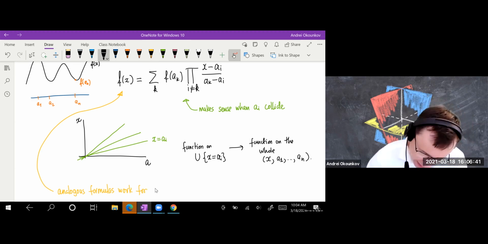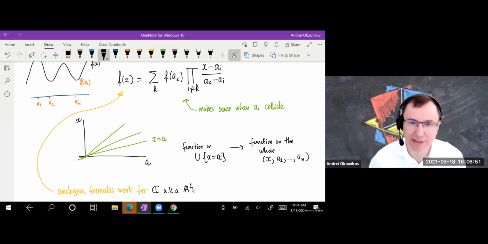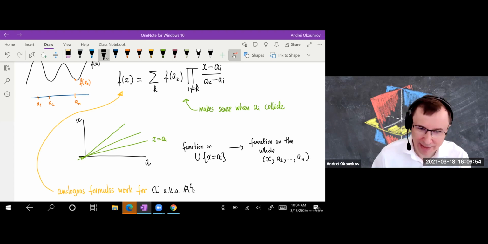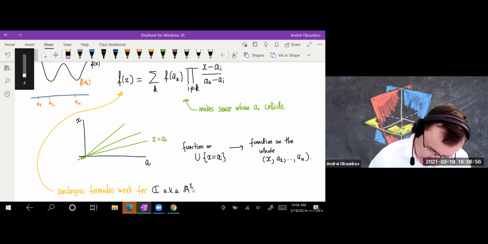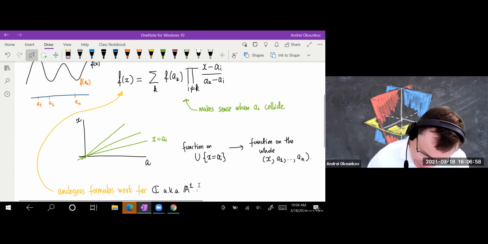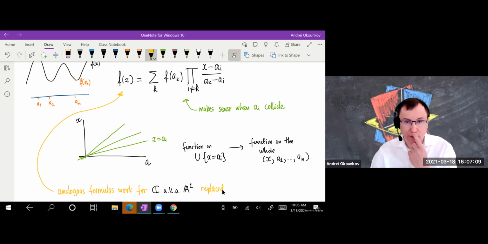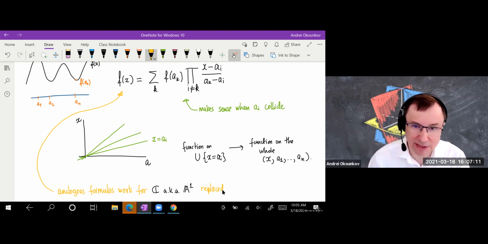If we had a function on, I don't know how we define the line today, maybe it's like C, or A1, however you want to define the line, it can be replaced by the two other kinds of one-dimensional algebraic groups.